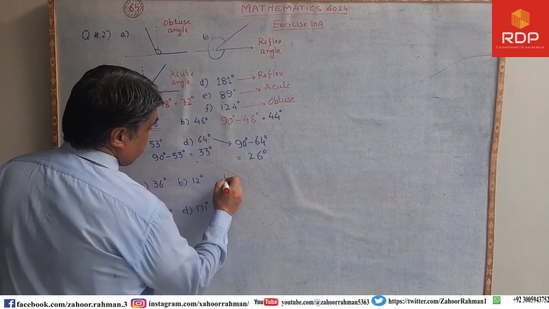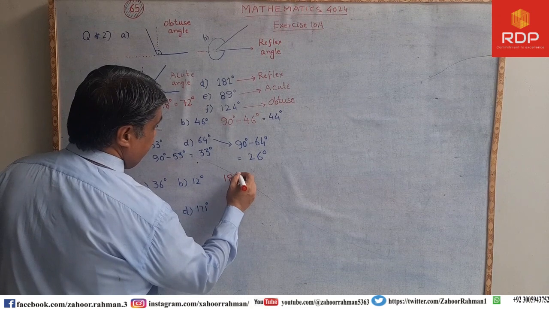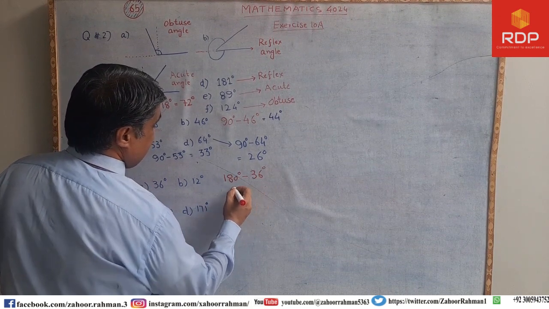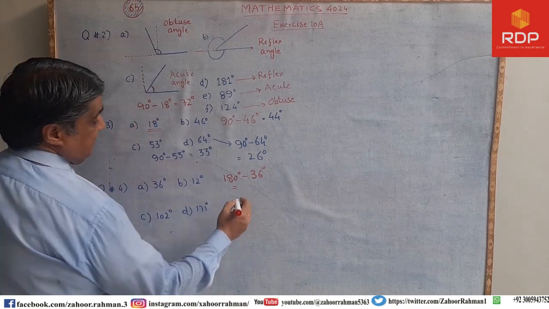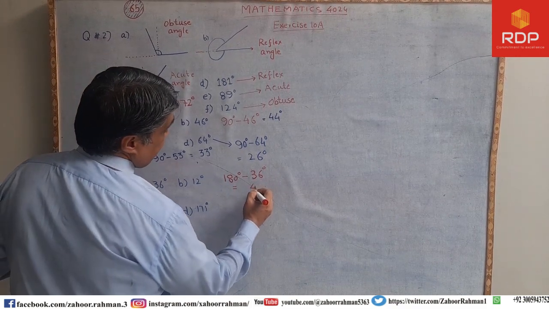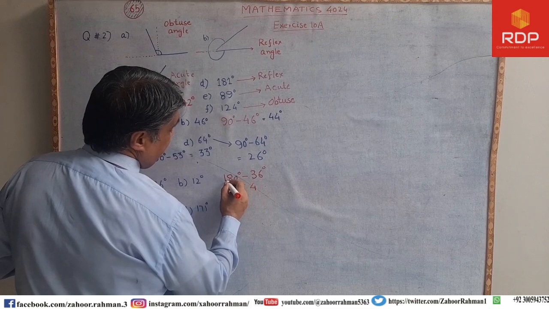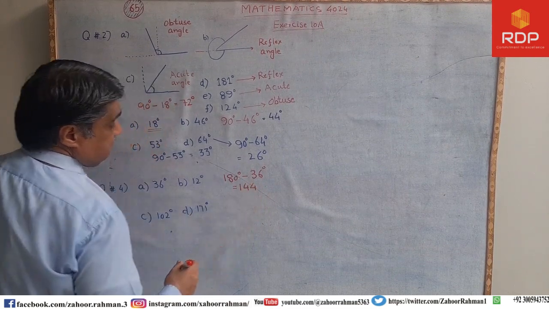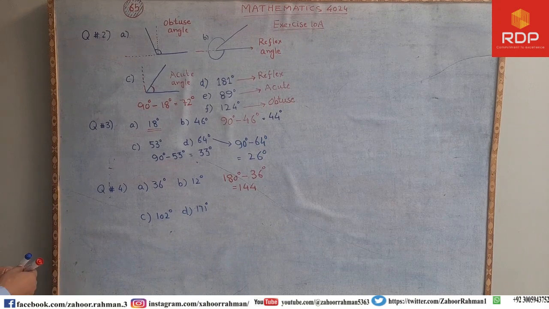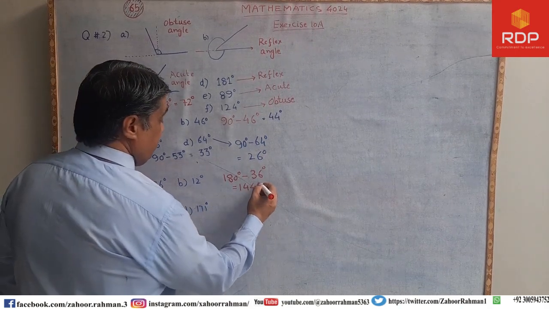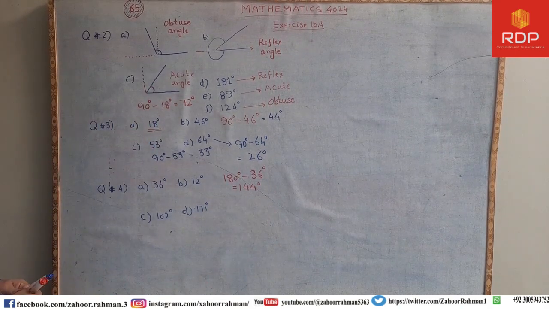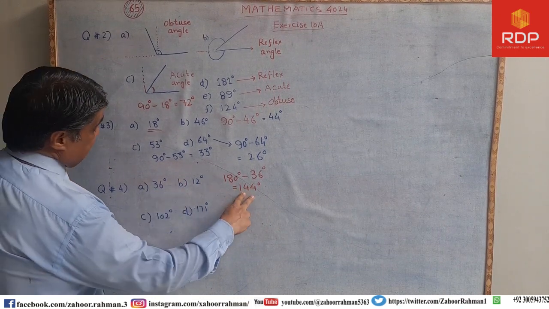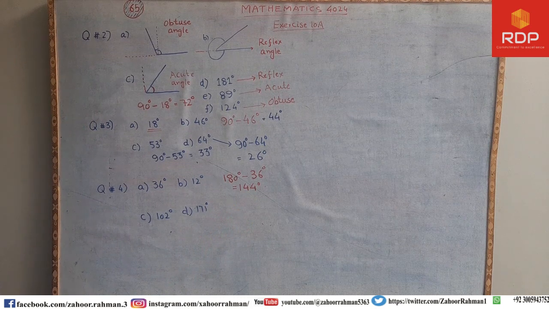We have to subtract it from 180 degrees: 180 minus 36, which will give us 4, and from 17 if we subtract 3, it will be 144 degrees. So the supplementary angle of 36 is 144 degrees.